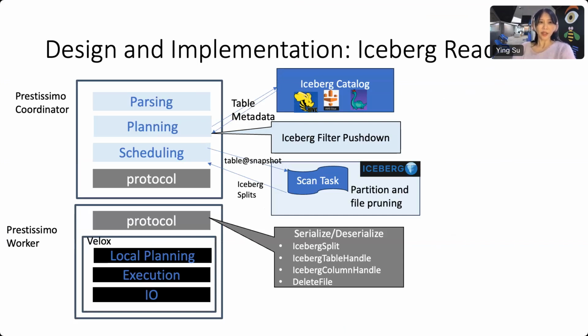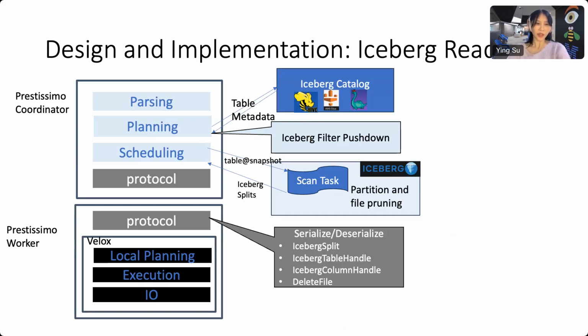And then the scheduler would rely on the Iceberg library to do scan planning, which will create a scan task, which does the partition and file pruning based on the statistics, and then return the Iceberg splits to the Presto scheduler. And then the scheduling process will send the splits to the workers.